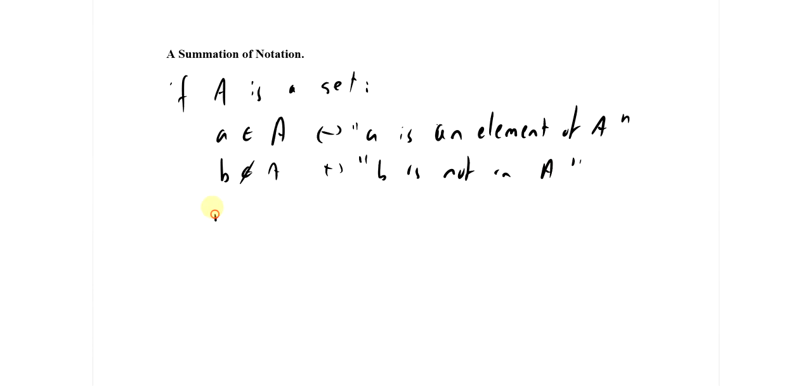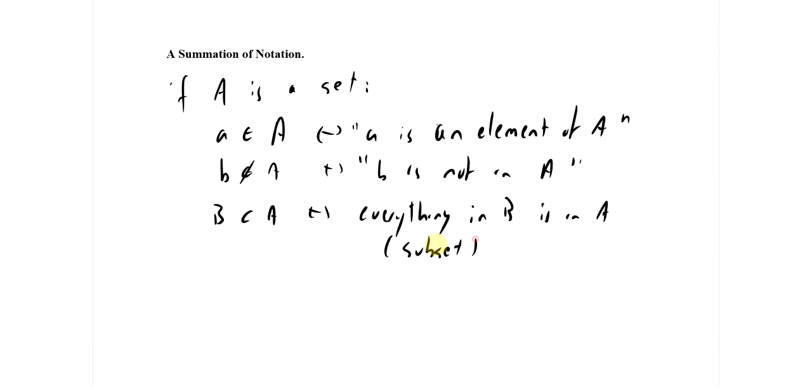B is a subset of A means everything in B is in A. And C is not a subset of A. What does that mean? Something in C, can be just one, is not in A. So not a subset.